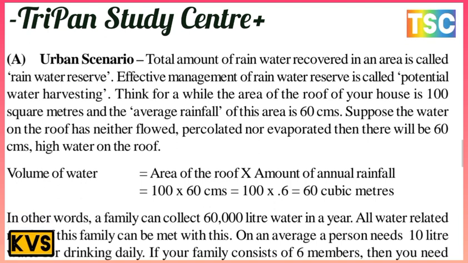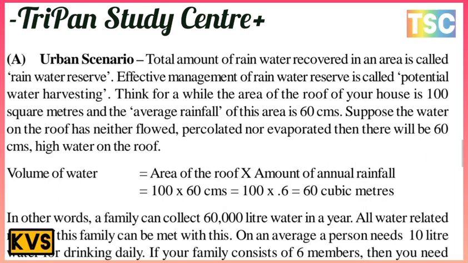It means the roof area is 100 and the annual rainfall is 60 centimeters. The answer is 60 cubic meters, because 60 centimeters converted to meters is 0.6, and 0.6 multiplied by 100 gives 60 cubic meters.